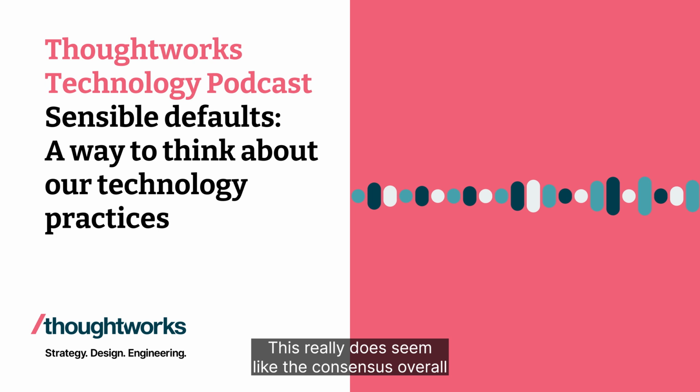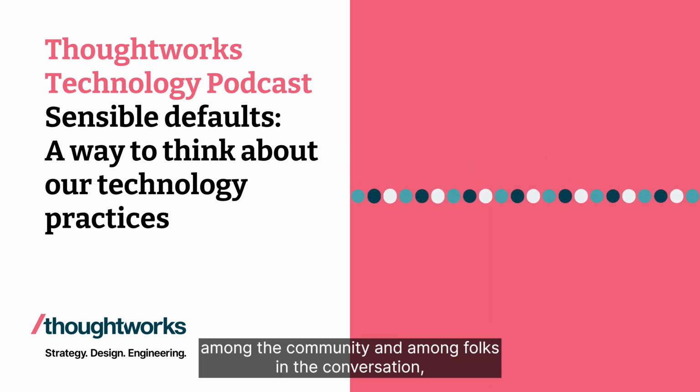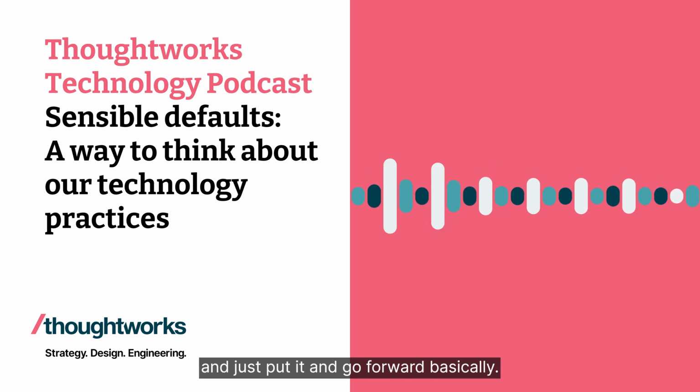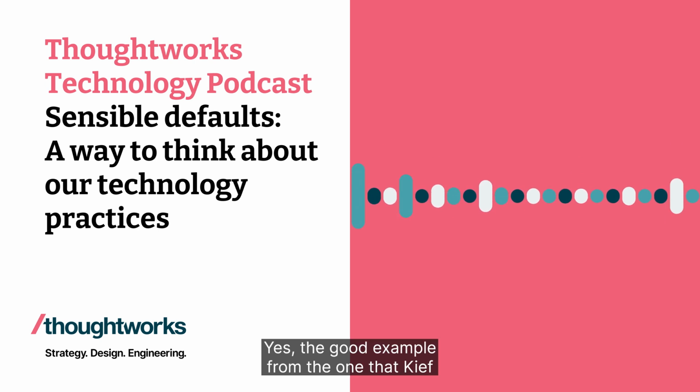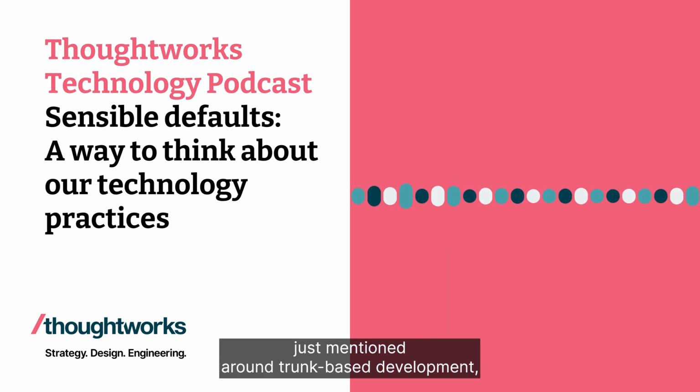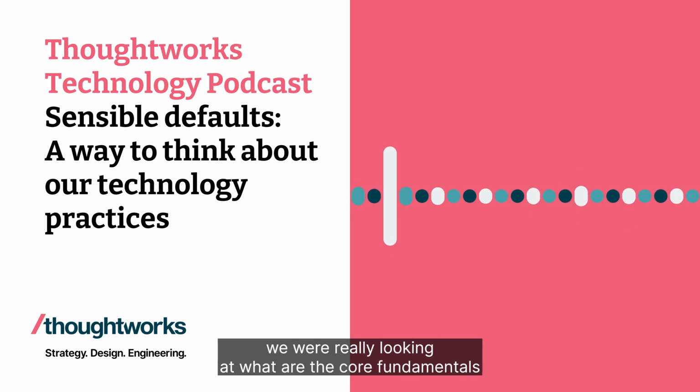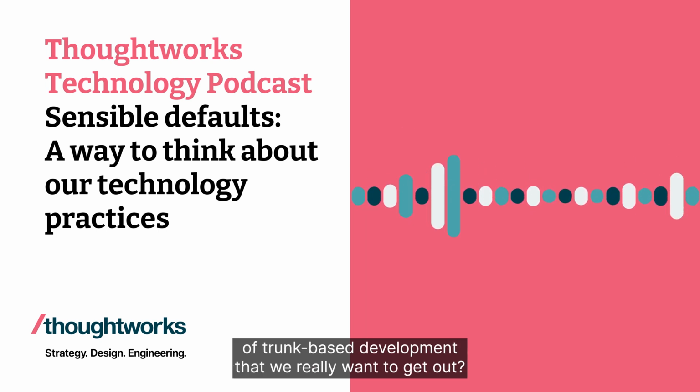This really does seem like the consensus overall among the community and among folks in the conversation, and just put it out and go forward, basically. Yeah, the good example is the one Kief just mentioned around trunk-based development. We were really looking at what are the core fundamentals of trunk-based development that we really want to get out.